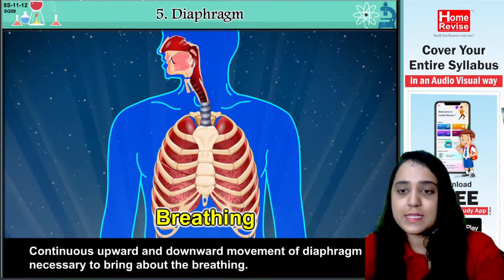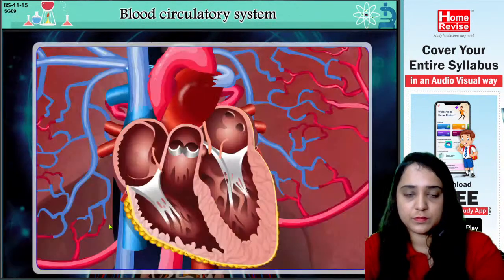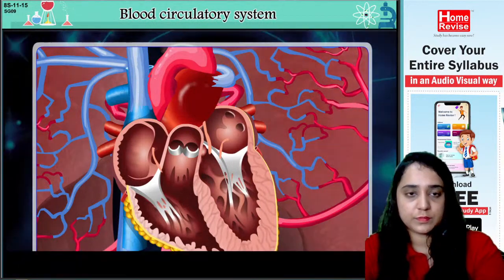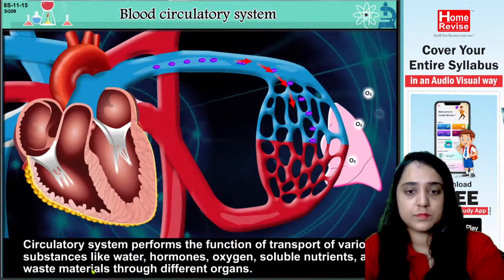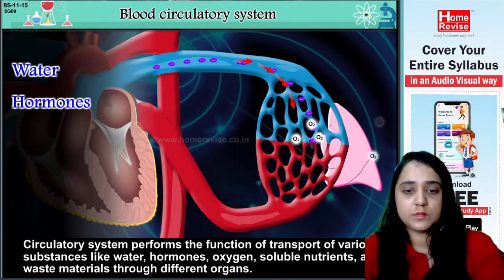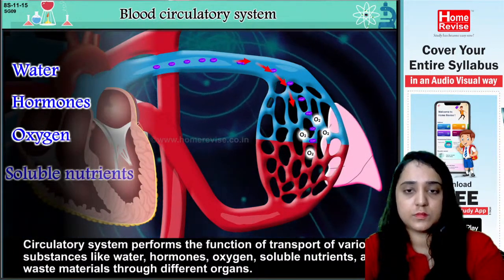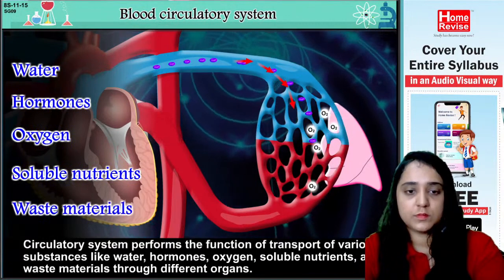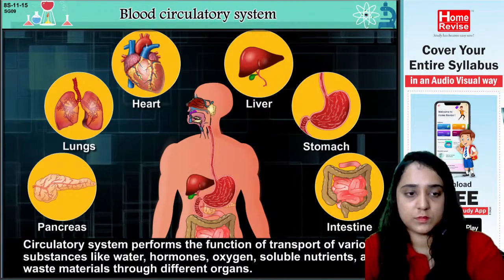Okay, now let's see the blood circulatory system. The circulatory system performs the function of transport of various substances like water, hormones, oxygen, soluble nutrients, and waste materials through different organs.